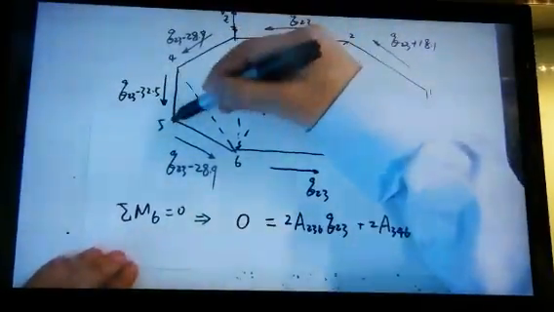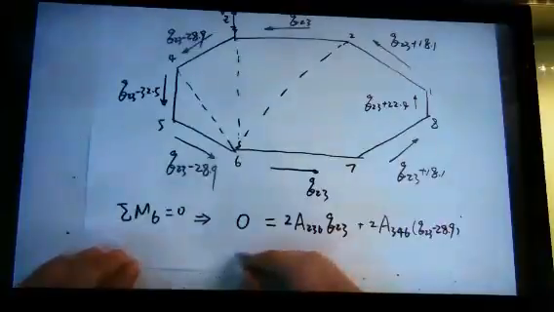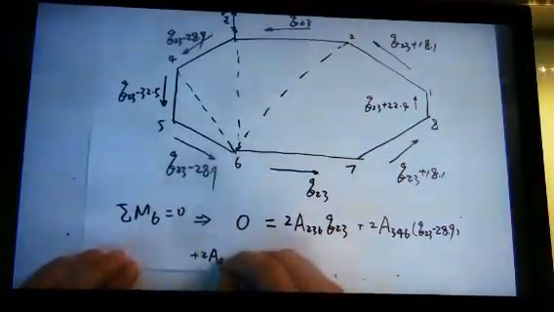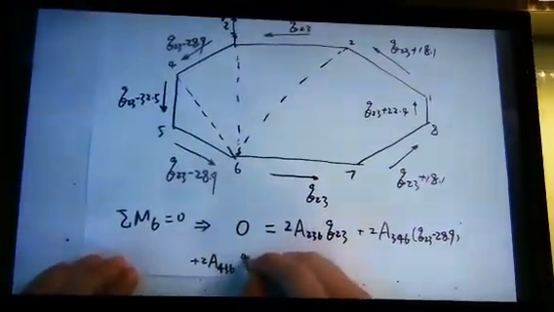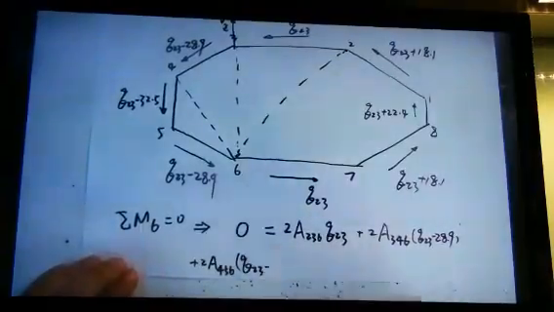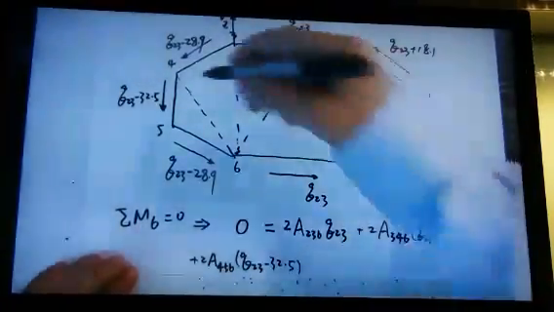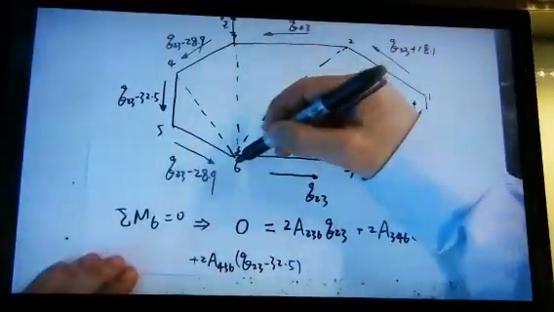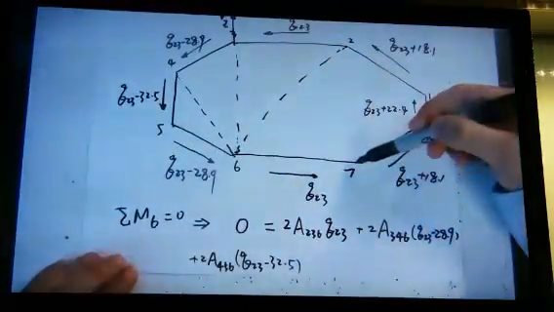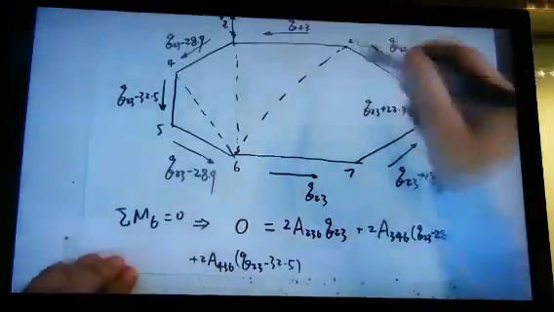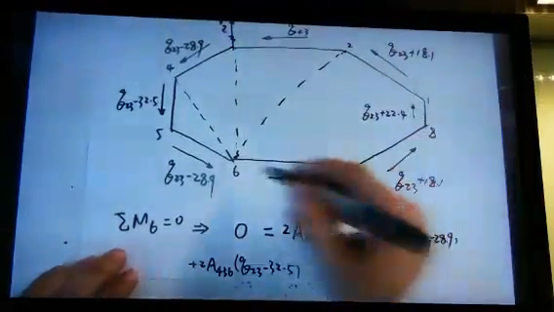And then 4, 5, so plus A456 times Q23 minus the next value. This is the contribution from this one. This one is not going to be contributing, this one is not contributing. This one, this one, this one, all of them are contributing.